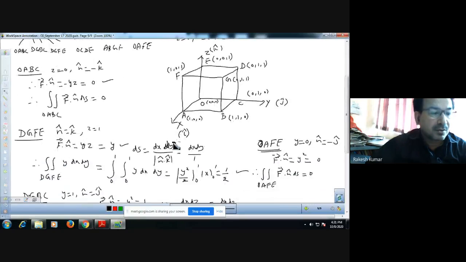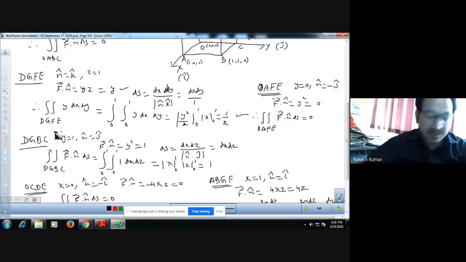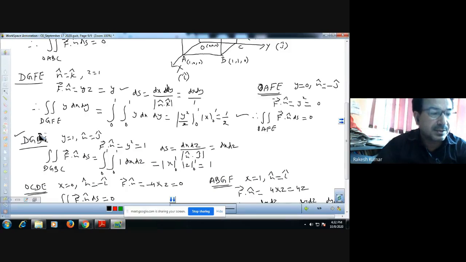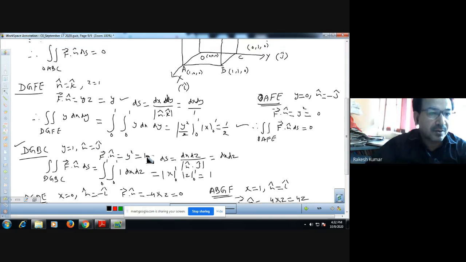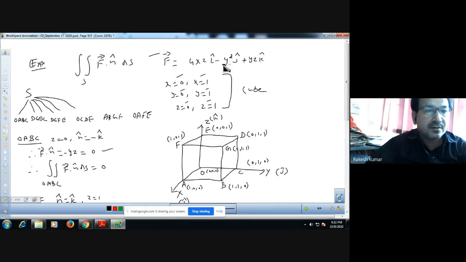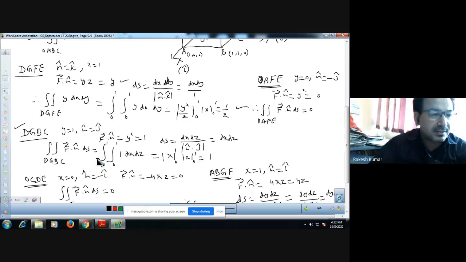Okay. One more thing. We have taken f dot n cap in this face again. This is the face DGBC. In DGBC, we have to find f dot n cap, and n cap is j cap. This is a negative y square, and wrongly I have written here a positive y square. So this should be negative.